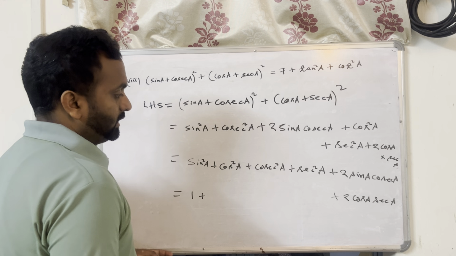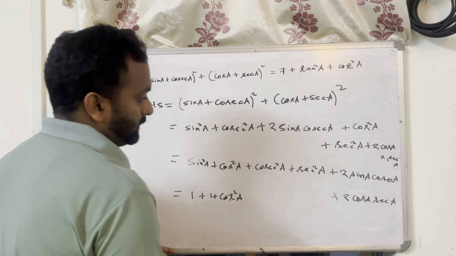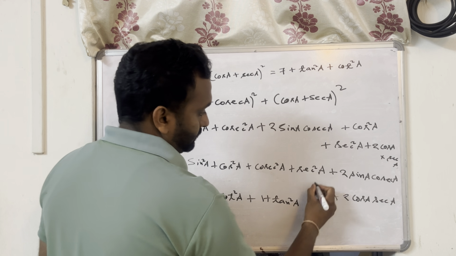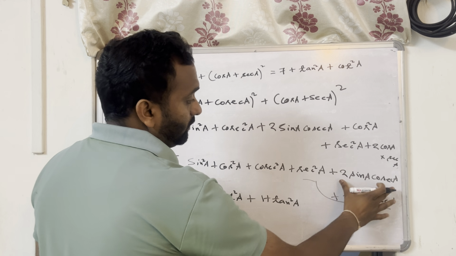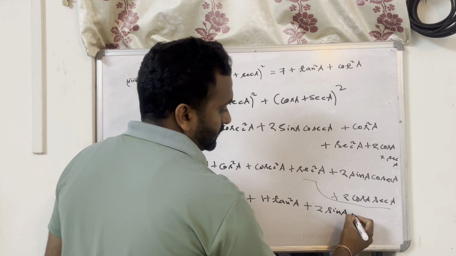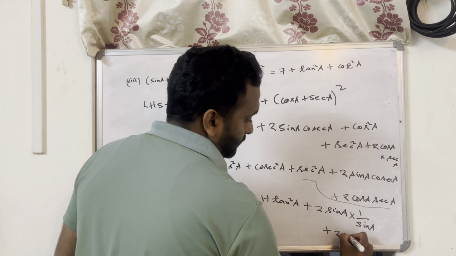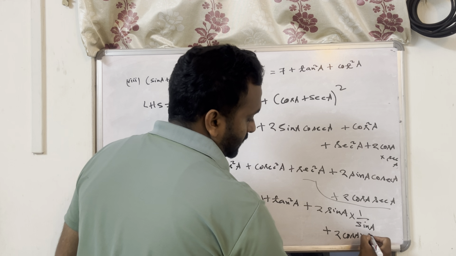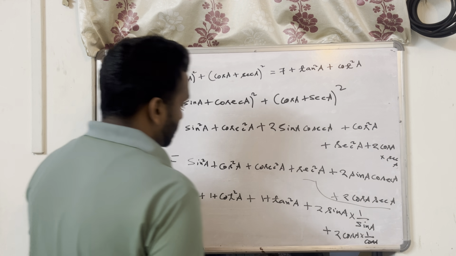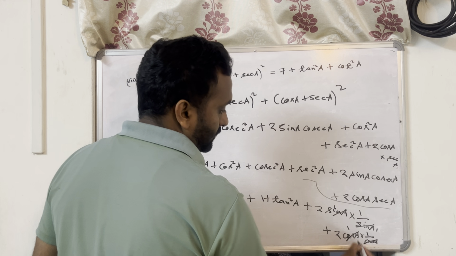Plus cosec square A, we know it is 1 plus cot square A. And sec square A is nothing but 1 plus tan square A. And here 2 sin A, cosec A is nothing but 1 by sin A, and here we have sec A, which is the reciprocal of cos, we know that, so it is 1 by cos A. So here look carefully, sin A by sin A gone, we are left with 1, and cos A with cos A gone, we are left with 1.